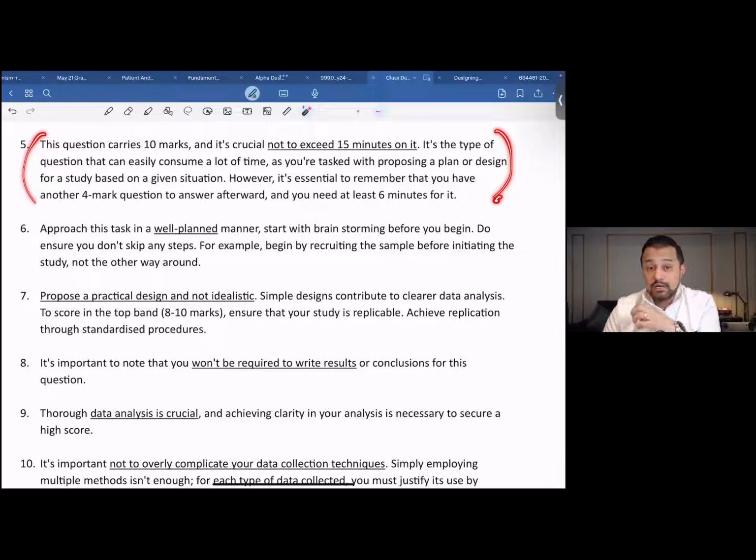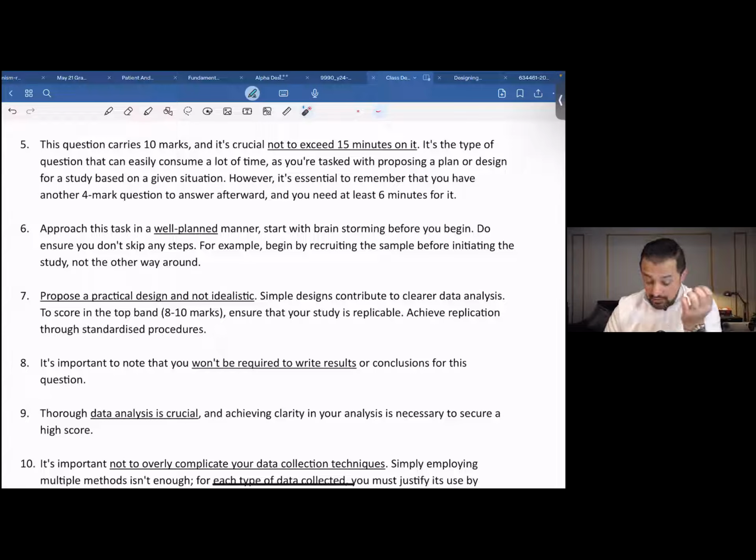Now, for the 10 mark actual planning a study question, what typically happens is students tend to get carried away. I felt this over years. I'd see students getting carried away, trying to the best of their capacity to come up with a study that is flawless, a study that is idealistic. And while doing so, they don't even realize that there's a question that they have to attempt after this 10 mark question as well.